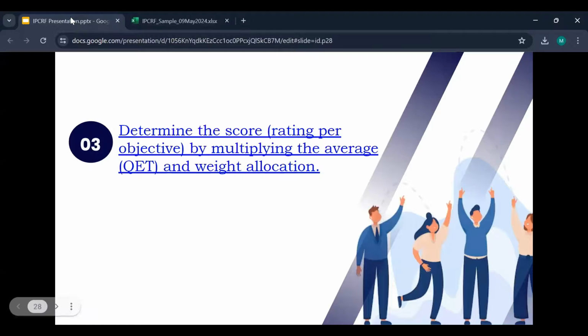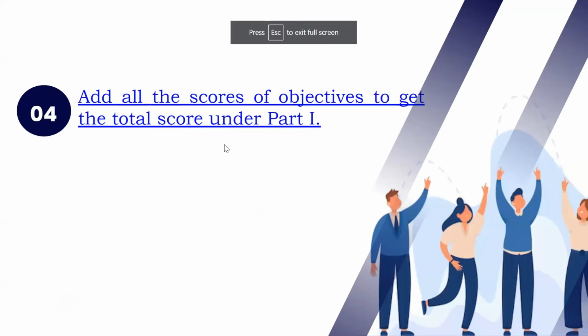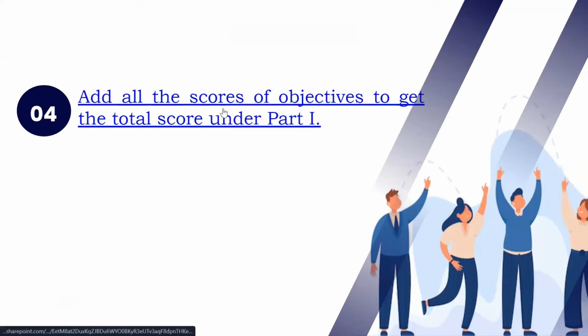After getting the scores under each objective, add all the scores of objectives to get the total score under part 1.